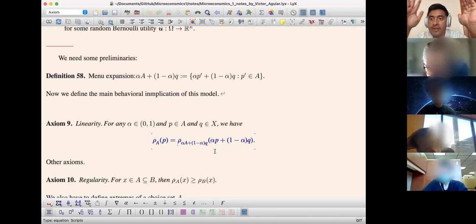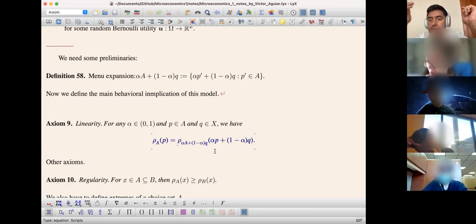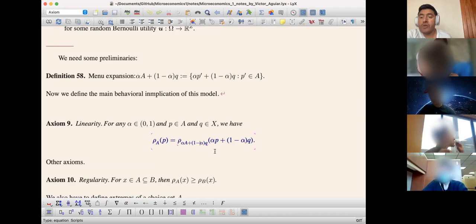Every ranking should remain the same. Hence, since it is exactly the same event, the probability of the same event is the same. Hence, the probability of the mixed lottery P and Q in the expanded menu is the same as the probability of the original P in the original menu. Okay?